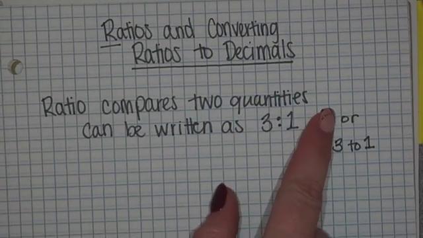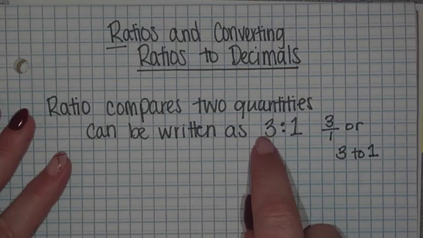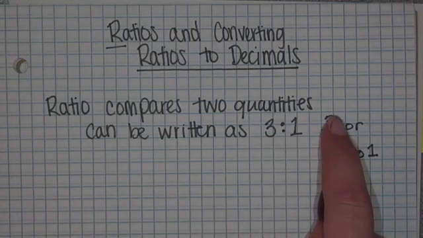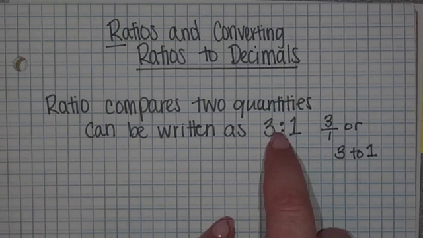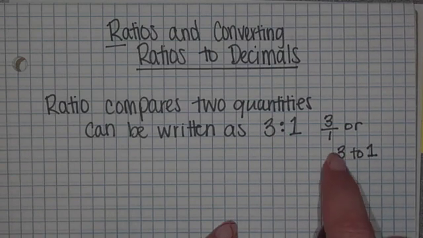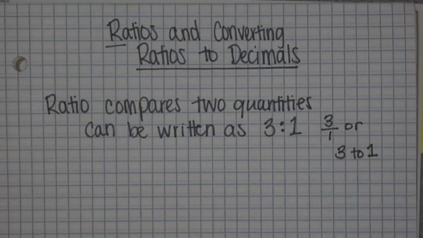Ratios compare two quantities. They can be written as 3 to 1. You can write it as 3 over 1, or you can write it 3 to 1, and you read it as 3 to 1. So all three mean the same thing.